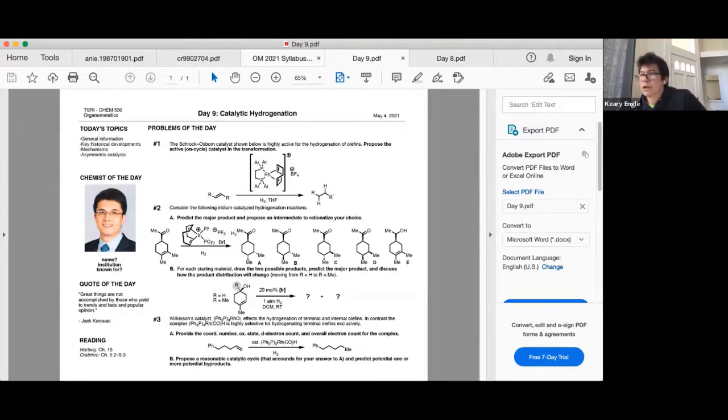This illustrates one of the interesting and semi-unique, not totally unique, but prominent reactivity and selectivity paradigms that you see with Crabtree's catalyst. It's asking you to consider which is the major product in this hydrogenation of the alkenyl ketone substrate.